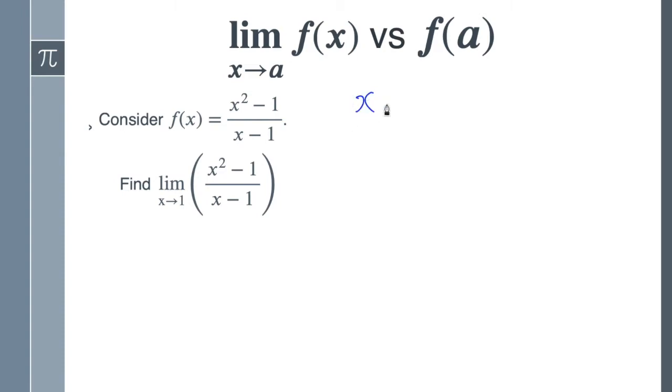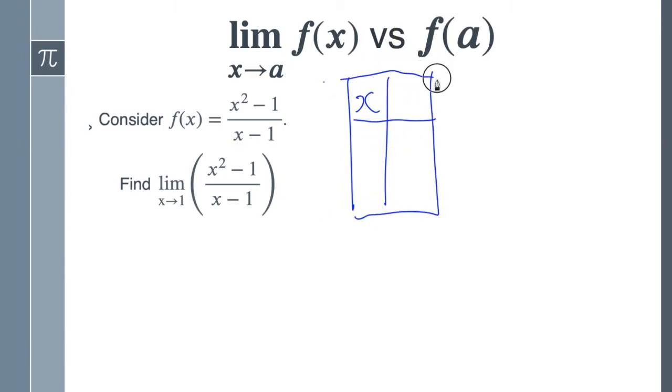So we have the x, and this will be approaching from the left. Okay, and this will be our f of x. How about let's use 3 values here. So since our limit is 1, let's start with 0, 0.5, and then 0.9.